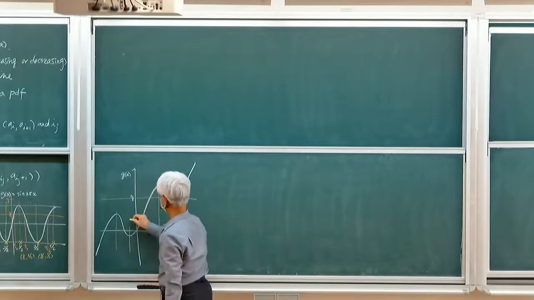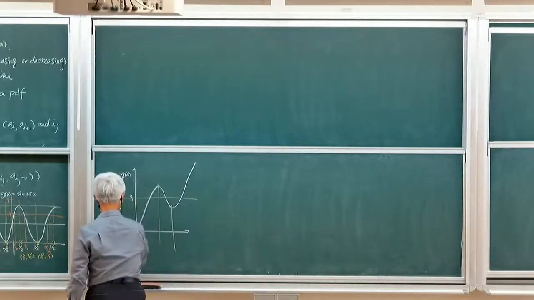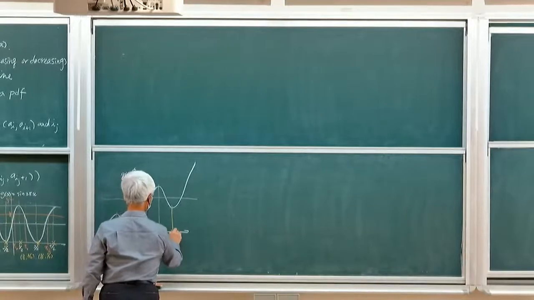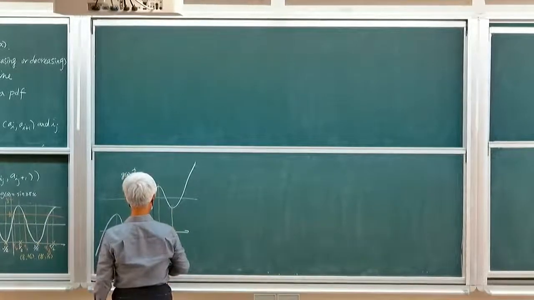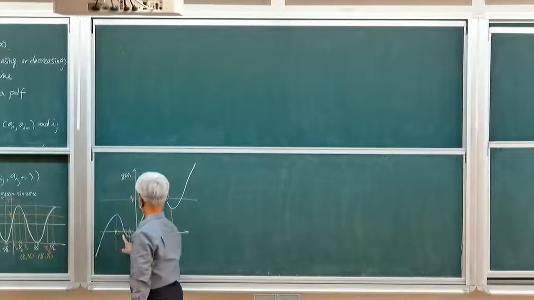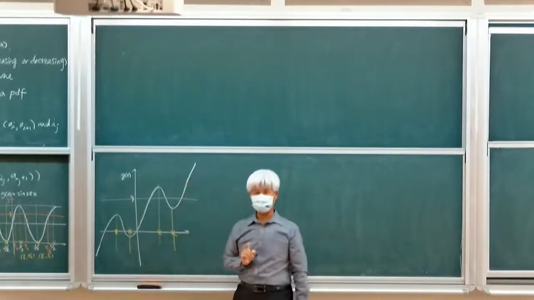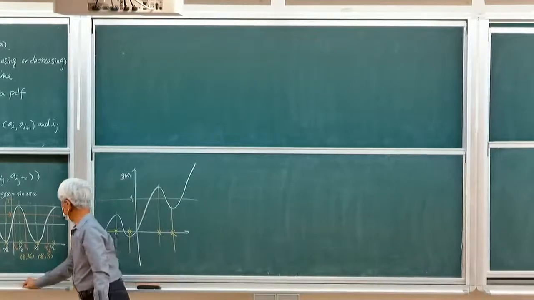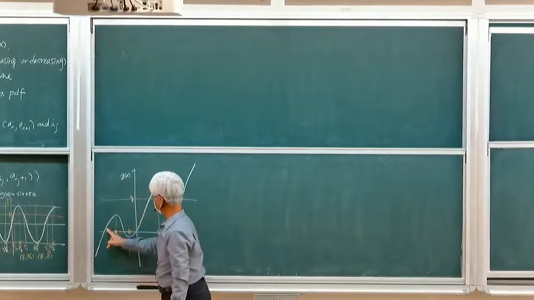So we have 1, 2, 3, 4, 5 — we have 5 pieces. And now the range of the first piece.